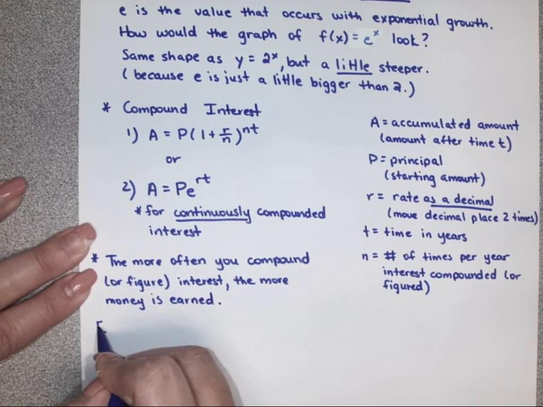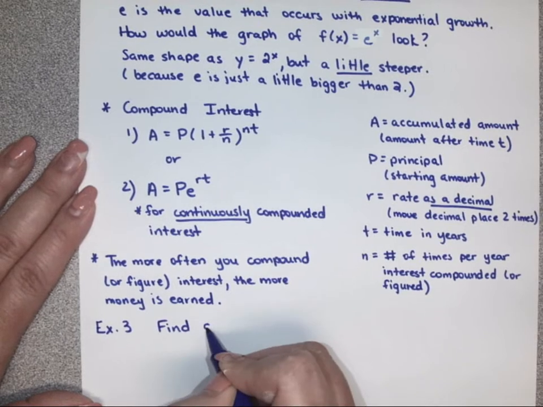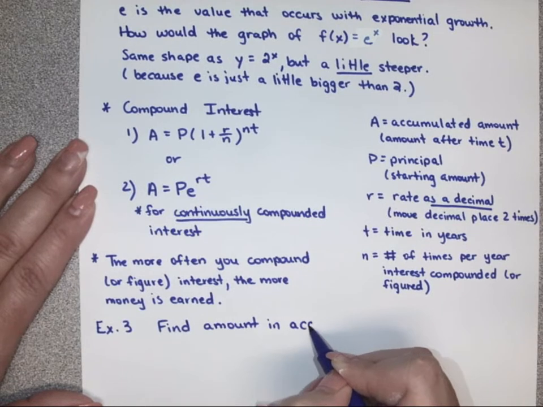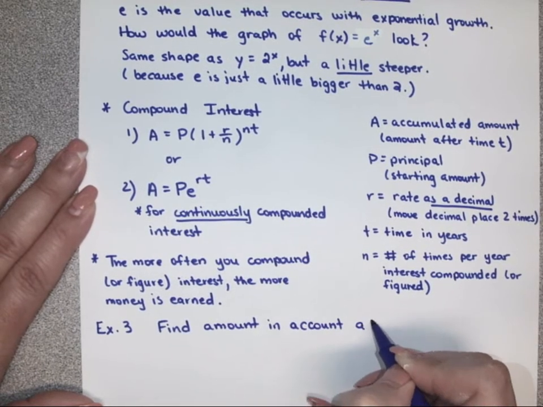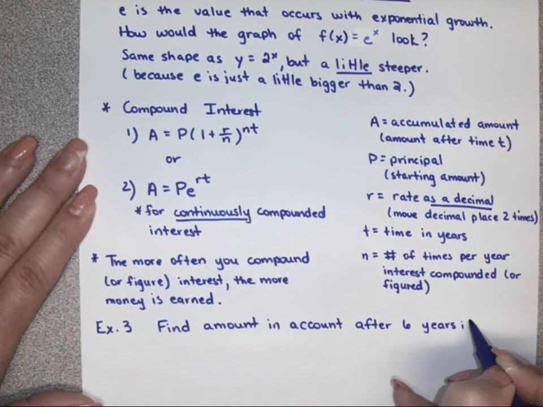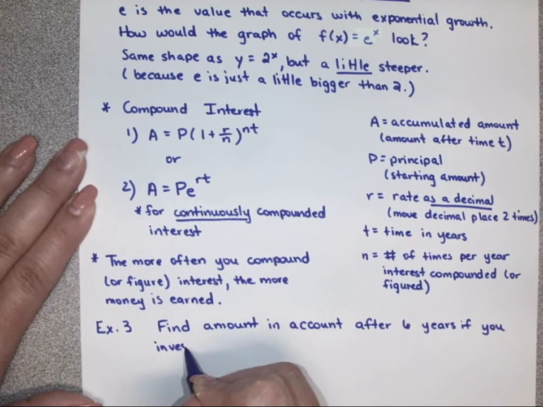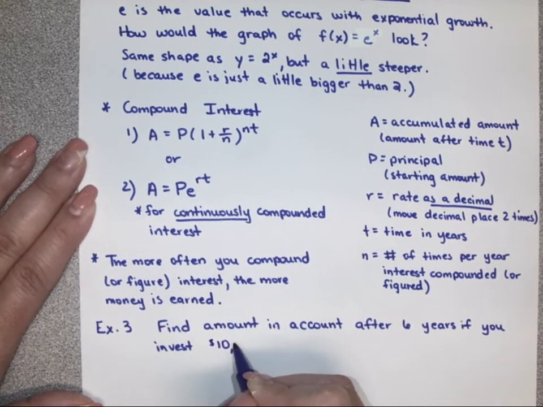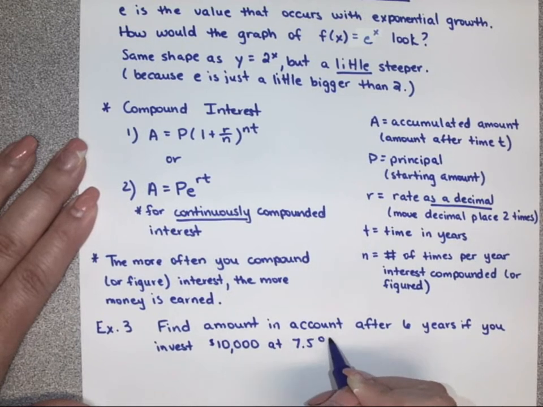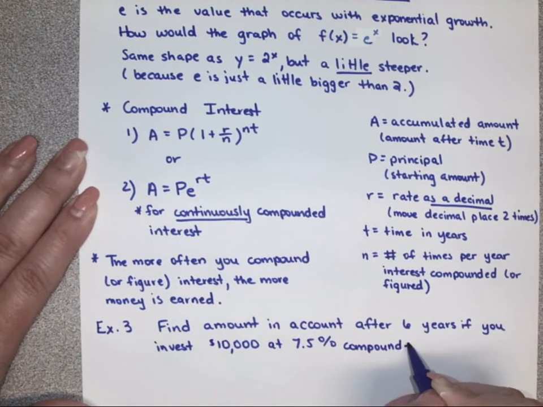Okay, so we're going to use some heavy calculator problems, but I want you to find the amount in the account after 6 years if you invest $10,000 at 7.5% compounded.